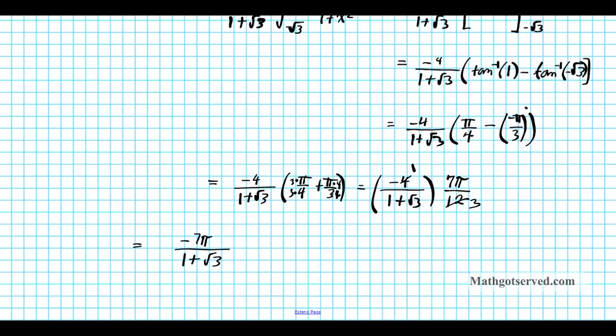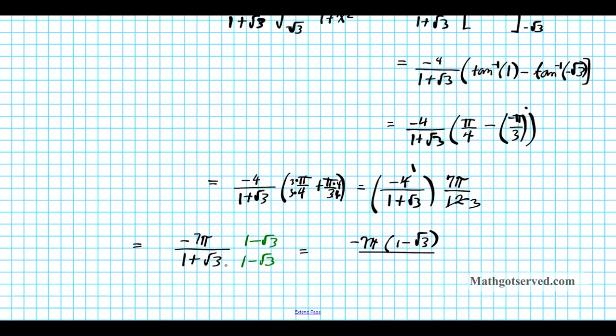So let's simplify the denominator here, since we can't have a radical in the denominator. So we're going to multiply by the conjugate of this radical right here, 1 minus root 3 top and bottom. And the numerator will simply have negative 7 pi times 1 minus root 3.